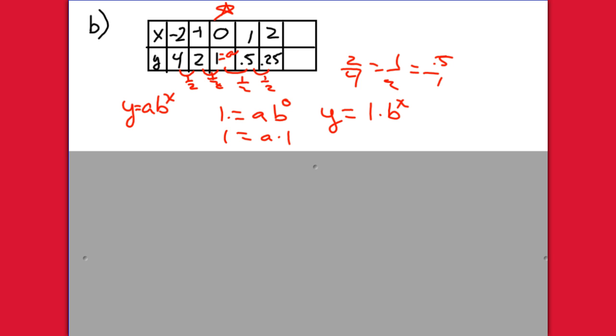Negative 1, 2? Okay. So if we plug in negative 1, 2, we're saying that 2 equals, we don't even need the 1, do we? 2 equals some number to the negative 1.